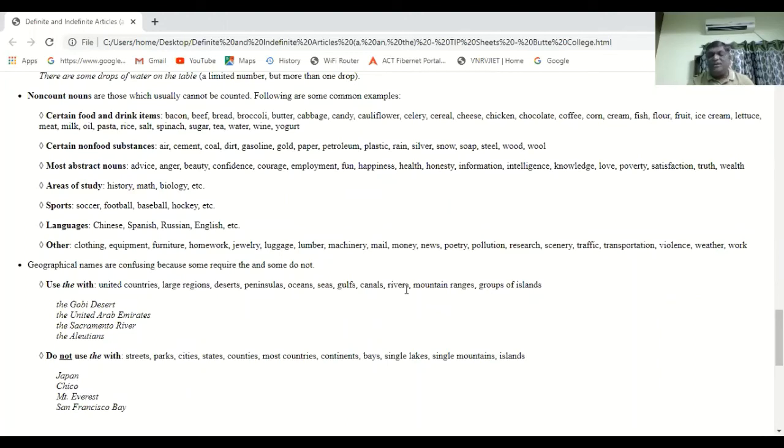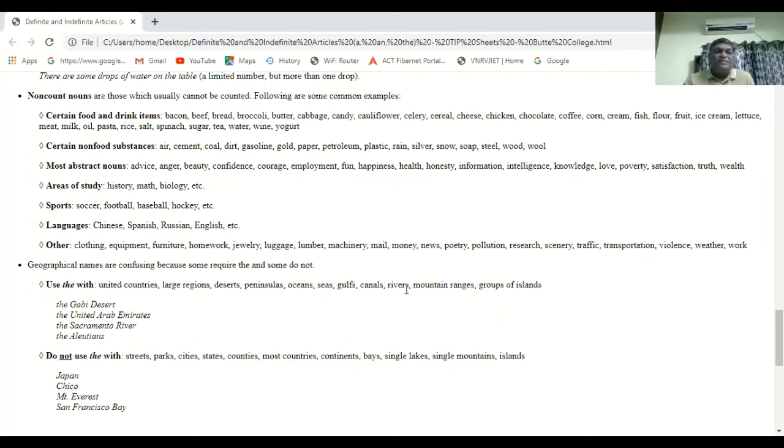For example, especially the food items: beef, bread, broccoli, butter, cabbage, candy, chocolate, chicken, coffee, corn, cream, milk, pasta, meat, rice, salt, spinach, sugar, tea, water, wine, yogurt. So these are the ones which are uncountable.